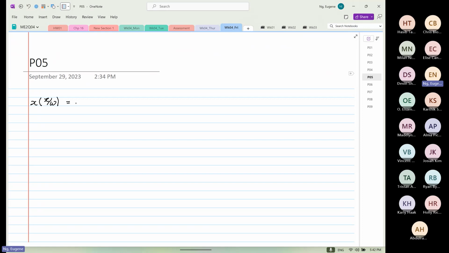So this will be equal to e^(-zeta omega_n) multiplied by pi over omega, and then C1 or minus XSS, minus XSS cos(omega * pi over omega) plus C2 sin(omega * pi over omega), plus XSS.